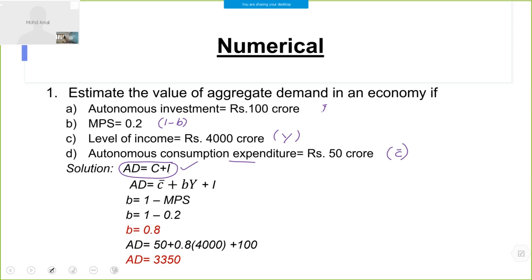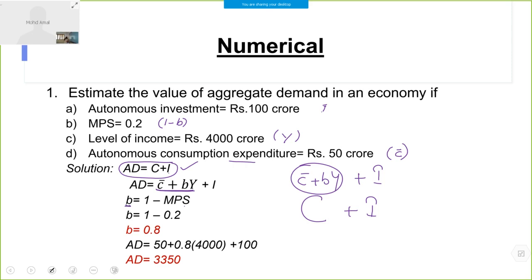Then substitute what all they have given. So instead of C we can use C dash plus BY. So C plus I, where C dash plus BY shows C. Then plus investment, like this I did here. Then B is not there, but MPS is there. MPS is there, we can find out B. So 1 minus MPS will give MPC.